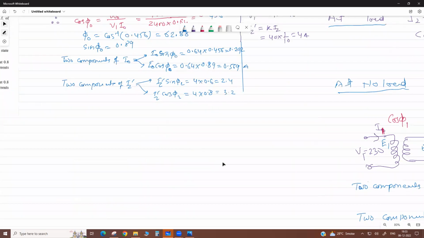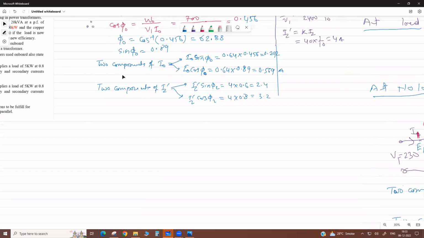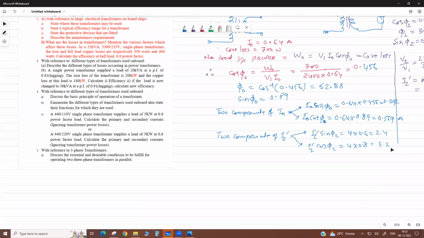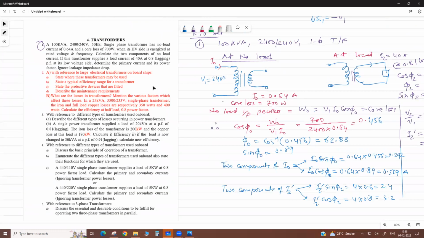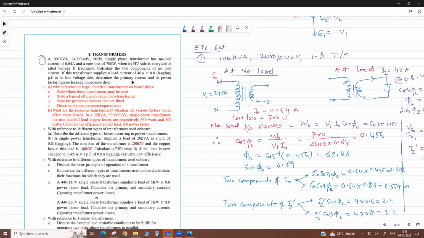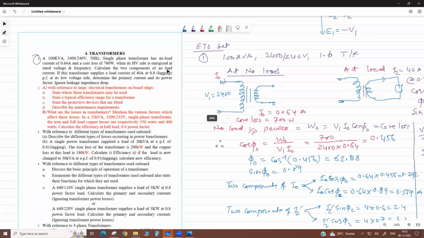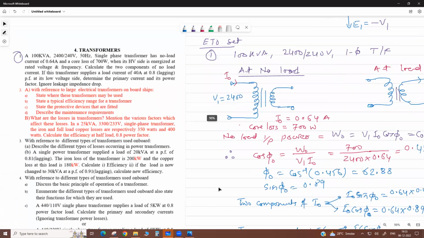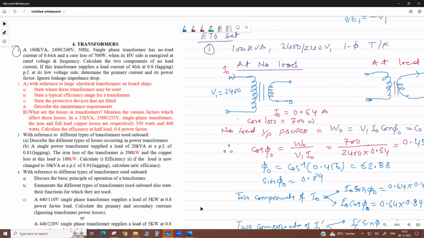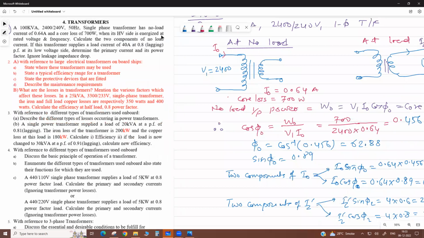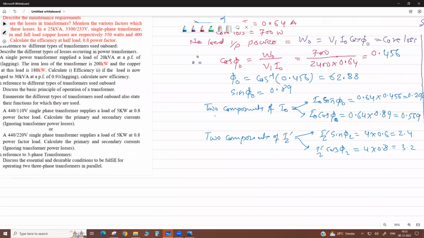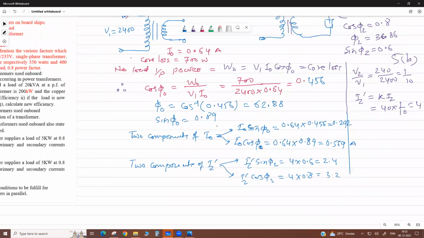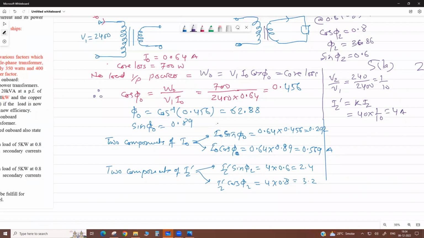See here, in this question he has asked, it is divided in two parts. He said to calculate the two components of no load current. So for the two components of no load current, you get a mark here.